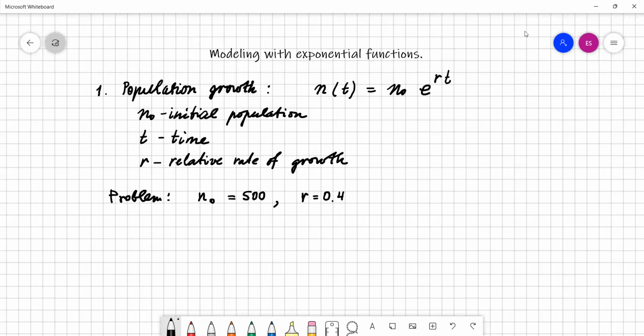We're going to talk a little bit about what it actually defines. That 0.4 is per hour. And the question is when the count of bacteria N is going to be 80,000.